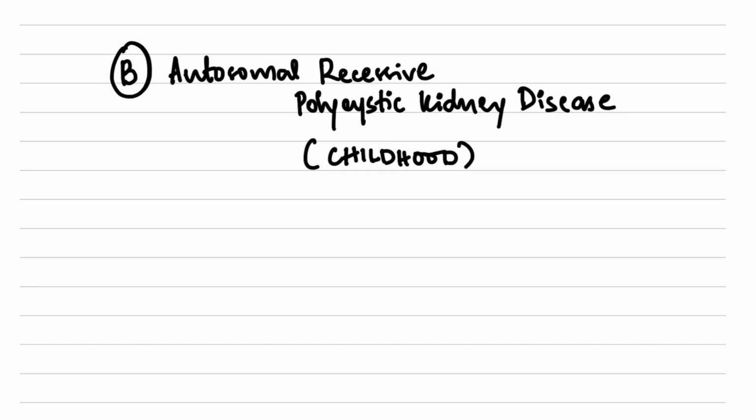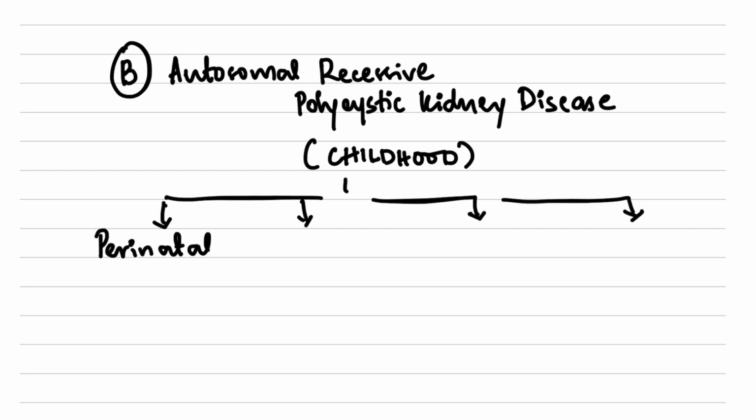Now this childhood is divided into 4 different periods. It could be perinatal. Perinatal means the intrauterine life 28 weeks plus 7 days postpartum. It could be neonatal.